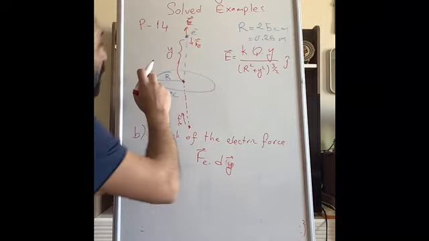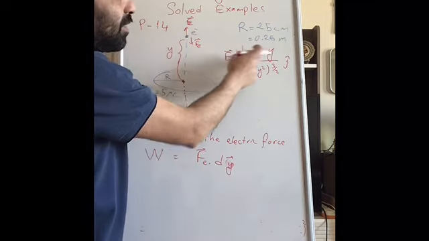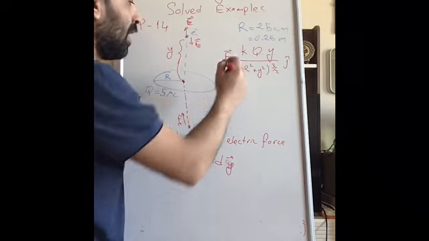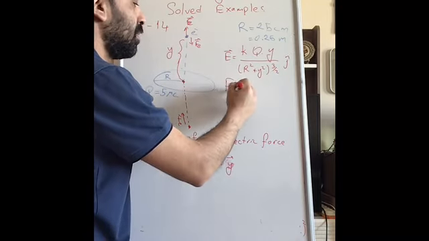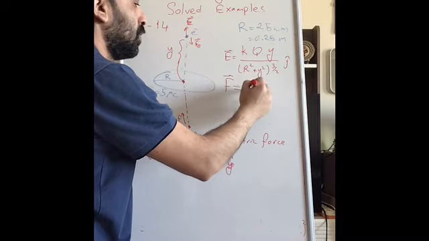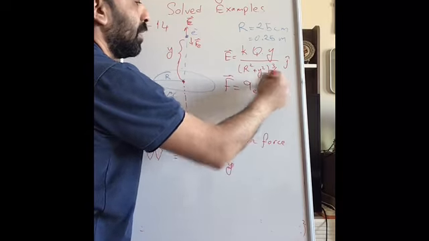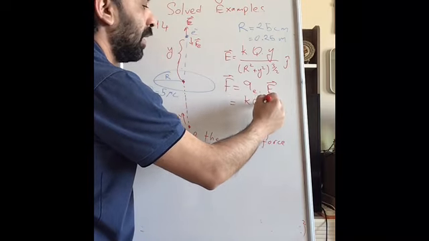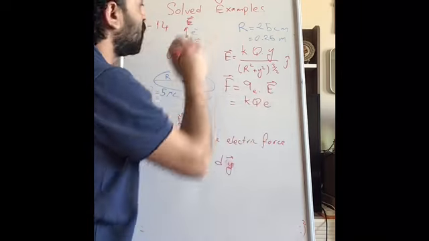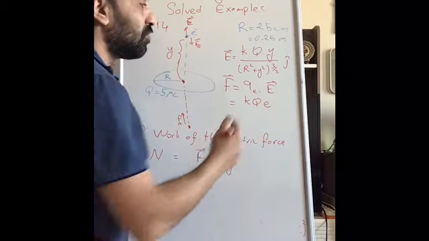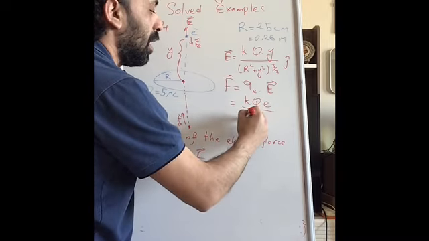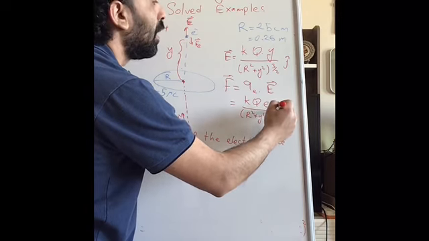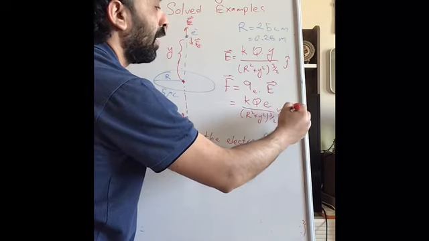If y changes, the electric field changes, so the electric force will change, and I can write the electric force using Q, the electron charge, and the electric field, which is simply kQ_E y over (R squared plus y squared) to the 3/2, in the j direction.